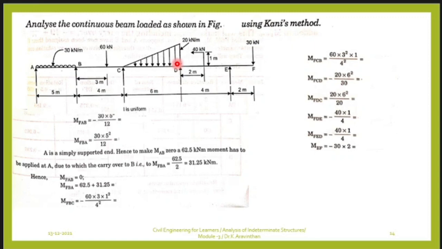This formula can be interpreted that if you have a uniformly varying load with the peak at joint C and 0 at D, the formula is WL square by 20 at CD and WL square by 30 at DC. This is the simple concept. So you have to add up your formulas.